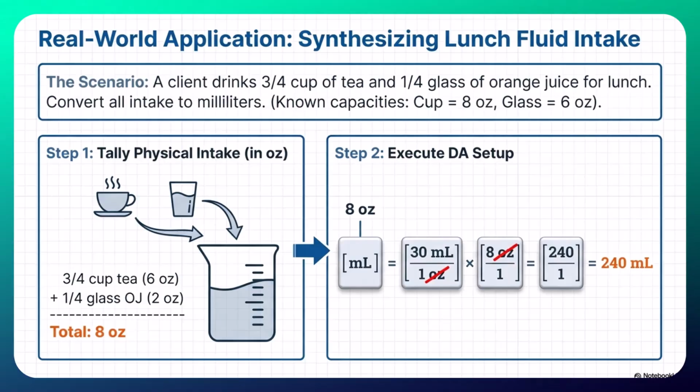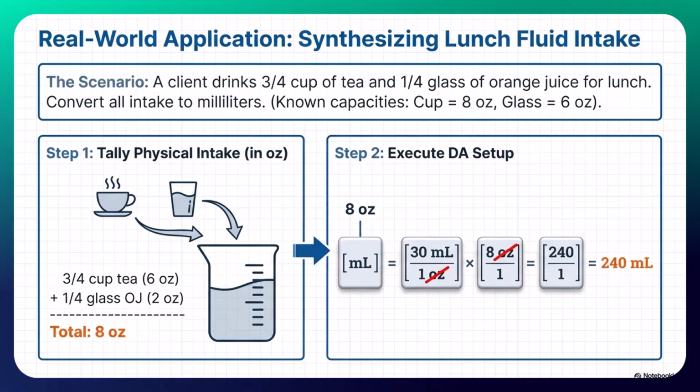All right, you have known capacities. 1 cup is equal to 8 ounces, and 1 glass is equal to 6 ounces. So 3/4 of a cup is how many ounces do you think the patient took in? And 1/4 of a glass is how many ounces? And of course, the little symbol to the left there tells you what that is.